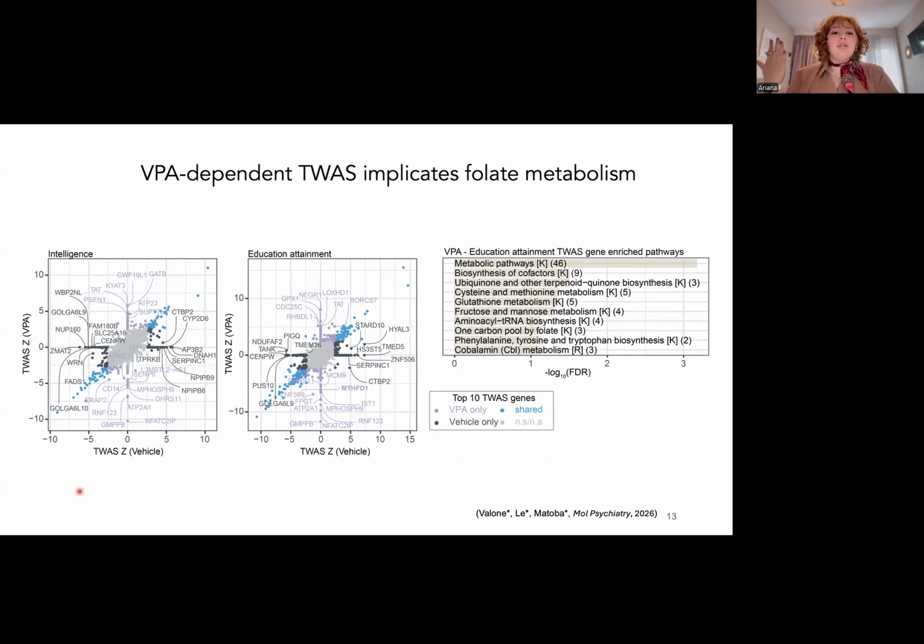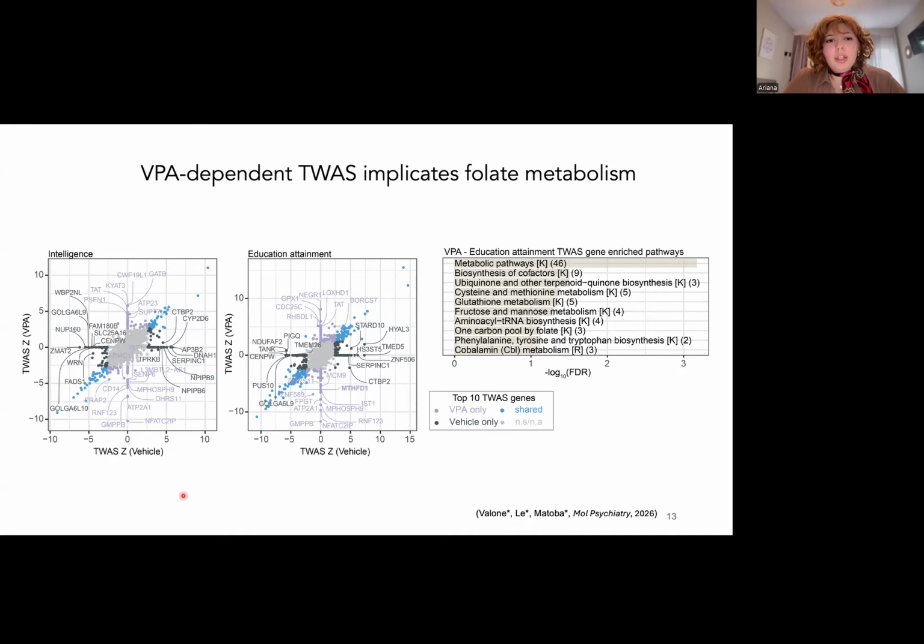Next, I wanted to integrate these context-dependent QTLs with GWAS for relevant traits. They ran TWAS in each condition, valproic acid and vehicle, and looked for genes that could mediate the impact on cognition, because prenatal exposure to valproic acid is also associated with intellectual disability.